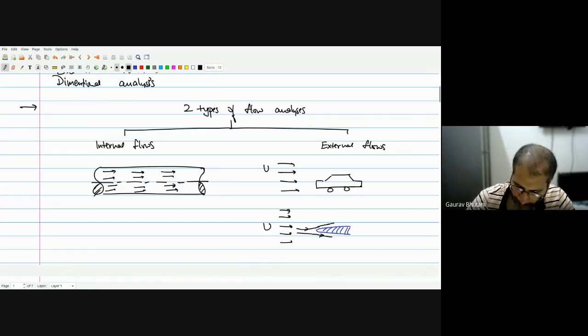But flow away from the solid object will still be uniform. So there is a region around the solid object which affects the flow, and this region is called the boundary region. So there is certain region that we can identify.